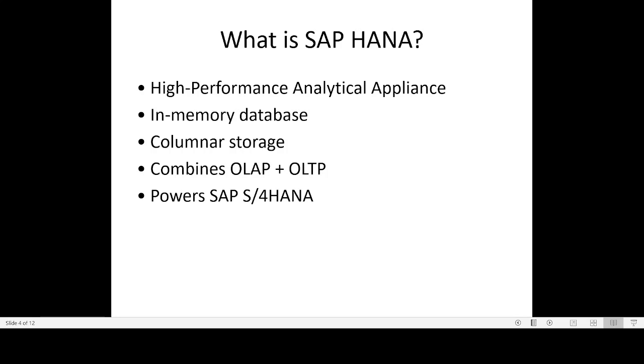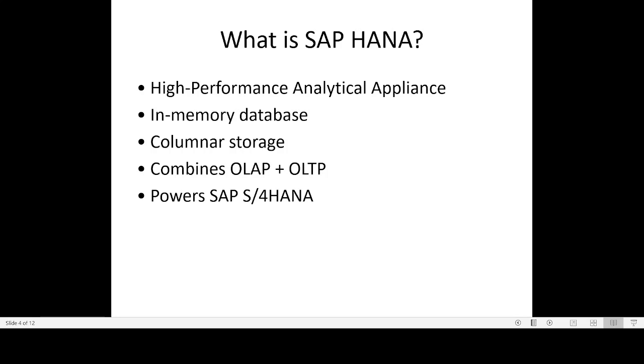If you are analyzing any data, OLAP will come into the picture. In most systems, OLTP handles transactions and OLAP handles analytics separately. But HANA combines both in the same system. This means a business can run real-time analytics on live transaction data without waiting for batch processing.